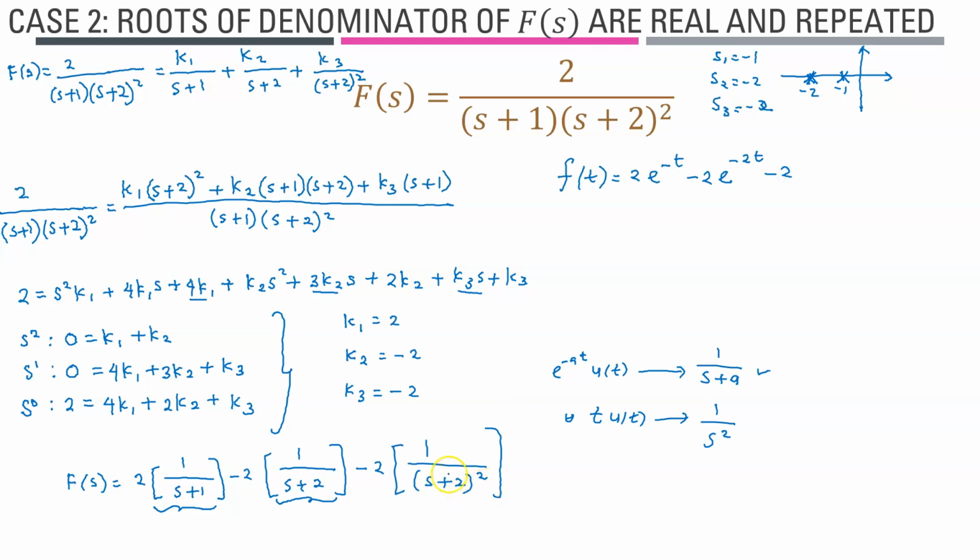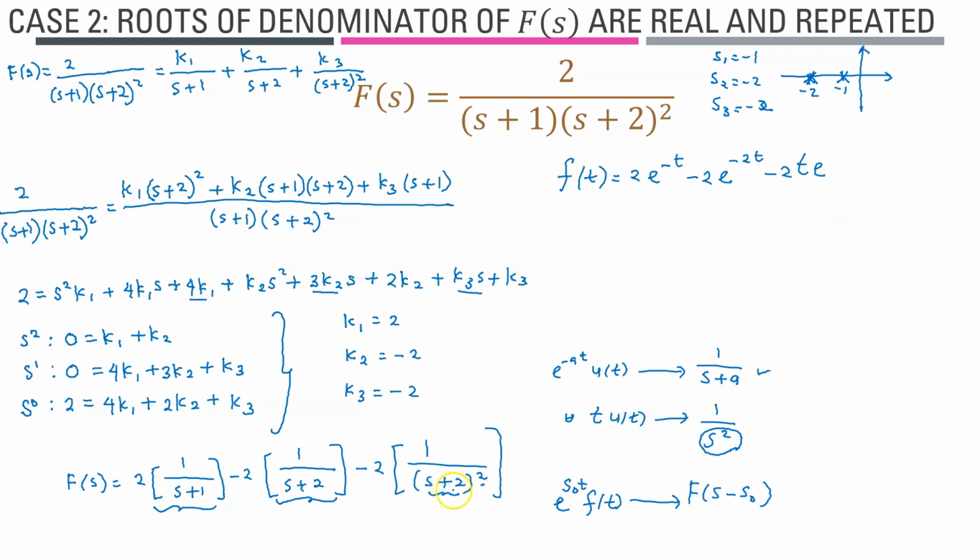Now here you have 1 over this square, which is equivalent to s squared, right? But you have this s plus 2, which means you have a frequency shift. So you will have t, and the frequency shift is e. If you still remember, when we have a frequency shift, e to the s naught t times f(t), then the Laplace transform is F of s minus s naught.